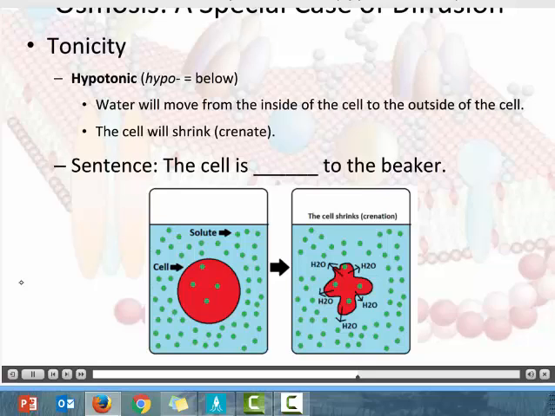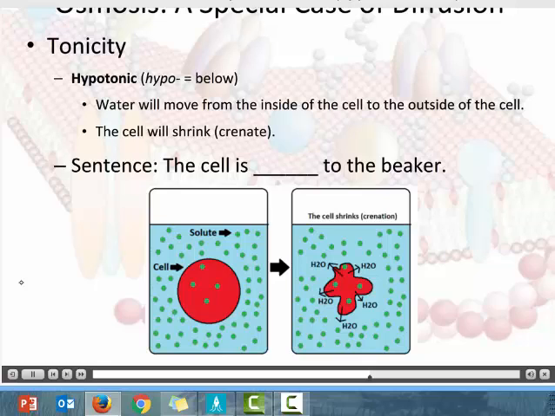So water moves down its concentration gradient. If you're the kind of person that takes a look at the solute, your cell has less solute, and water is going to move towards the area of higher solute concentration. So our water leaves the cell to dilute the solution outside of the cell. Our cell loses water, and our cell shrinks.